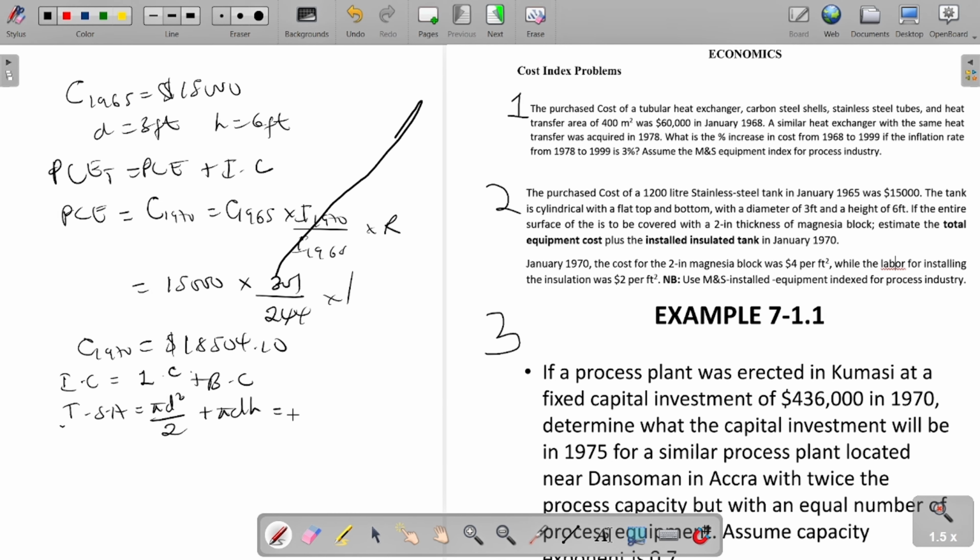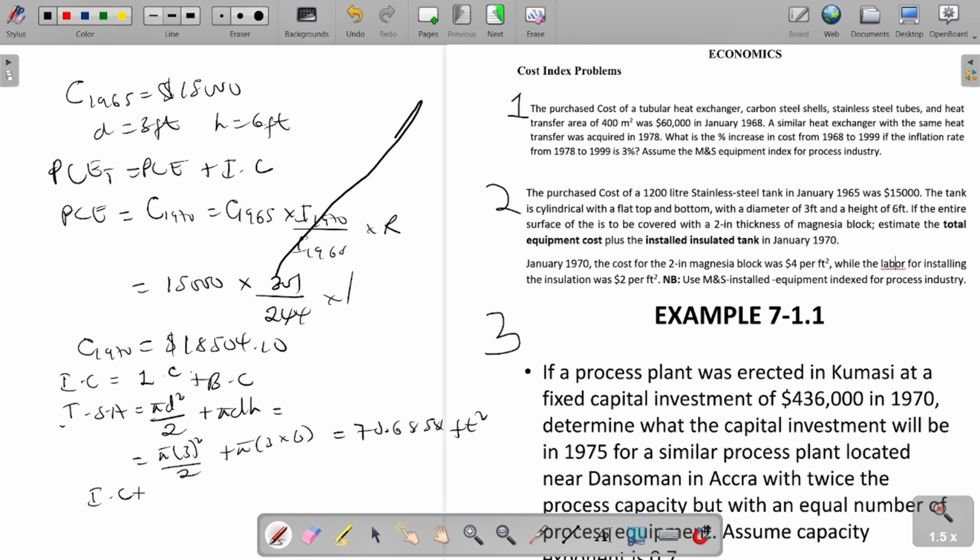That's the total surface area for the thing we are considering. So we have pi times 3 squared divided by 2 plus pi times 3 times 6. This gives me 70.6858 feet squared, because it's an area, the total surface area.